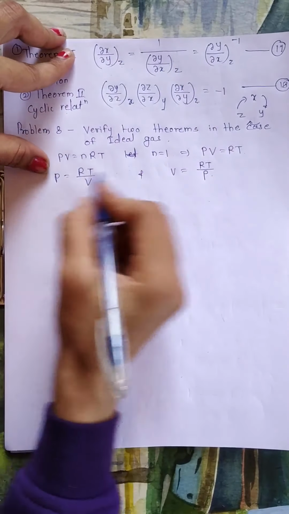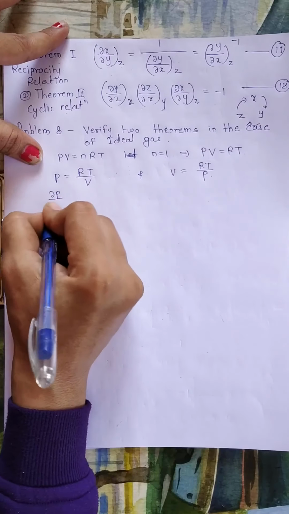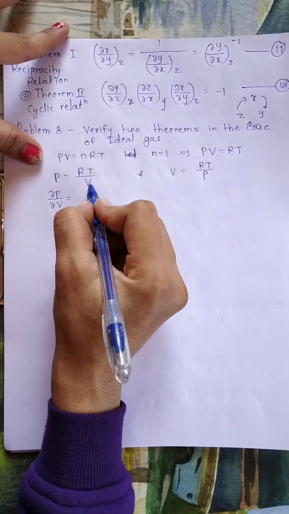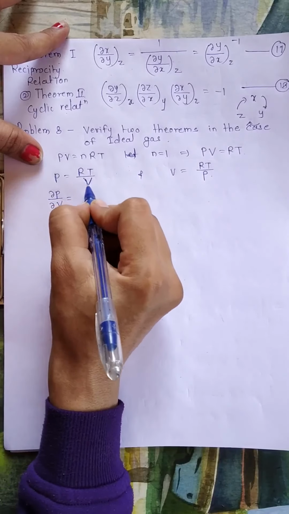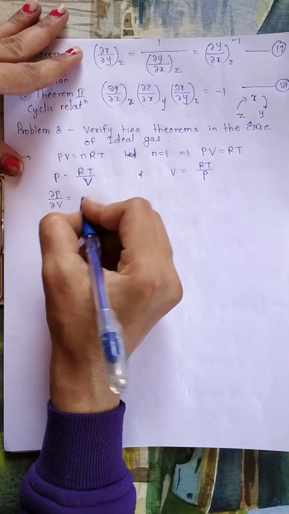So here I now have two variables. If I take ∂P/∂V, what will we get? The derivative of 1/V is minus 1/V², and RT is constant.